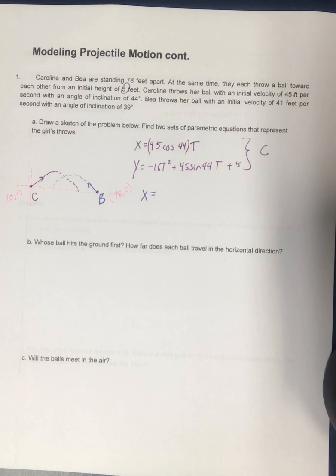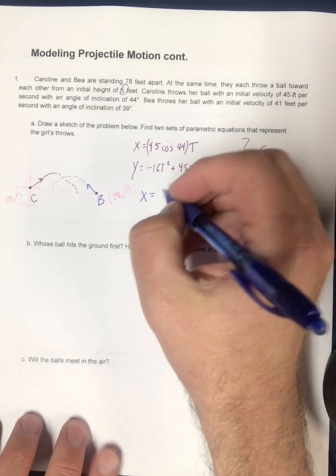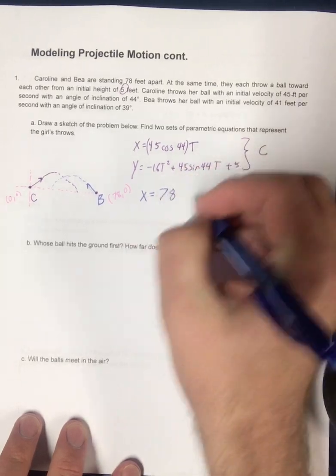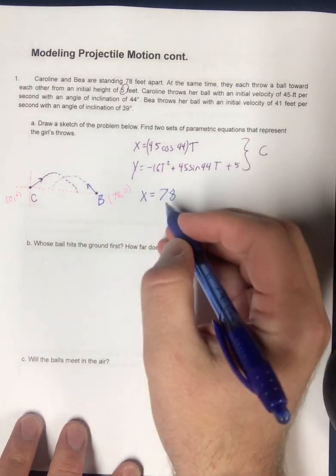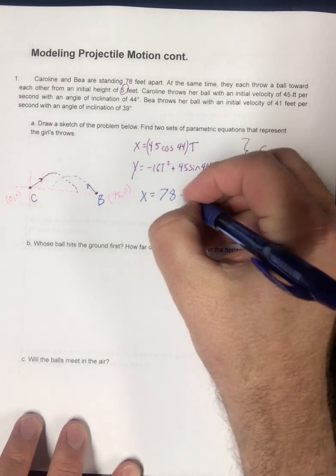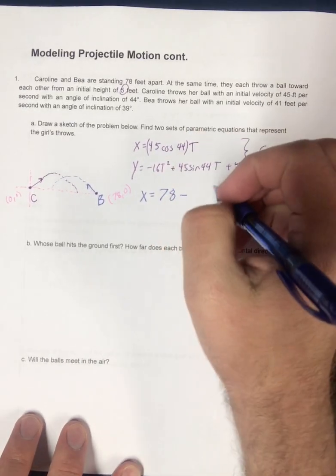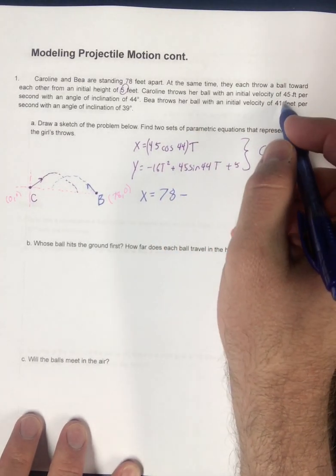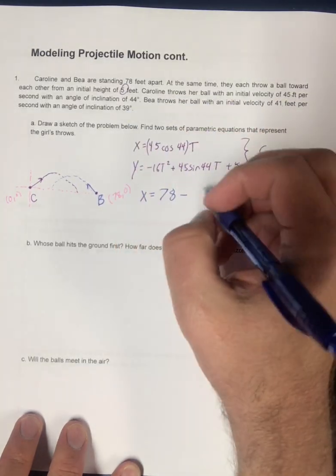But because it's going in the opposite direction, I'm just going to say that she starts at 78, so that's her initial horizontal distance away. And because she's throwing the ball backwards, it's going to be minus whatever the component is. So in this case, the component would be 41 cosine 39 times t.